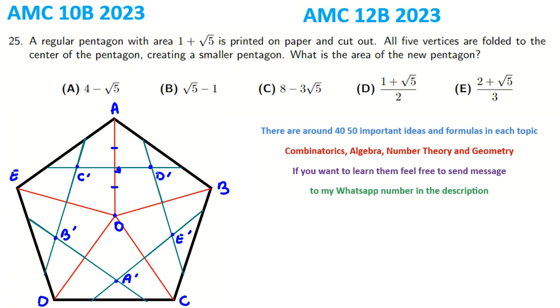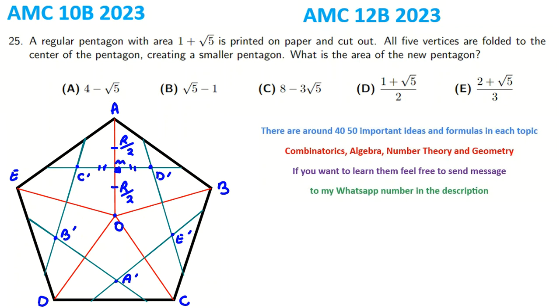By similarity, this line is the perpendicular bisector of this side. If OA is R, then this one is R over 2, and this one is R over 2. O is also the center of A prime, B prime, C prime, D prime, E prime. Say the perpendicular bisector, for example, is OM.